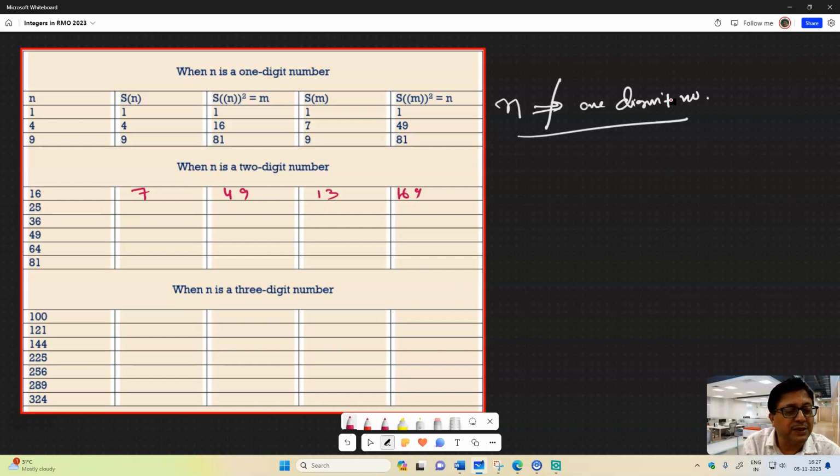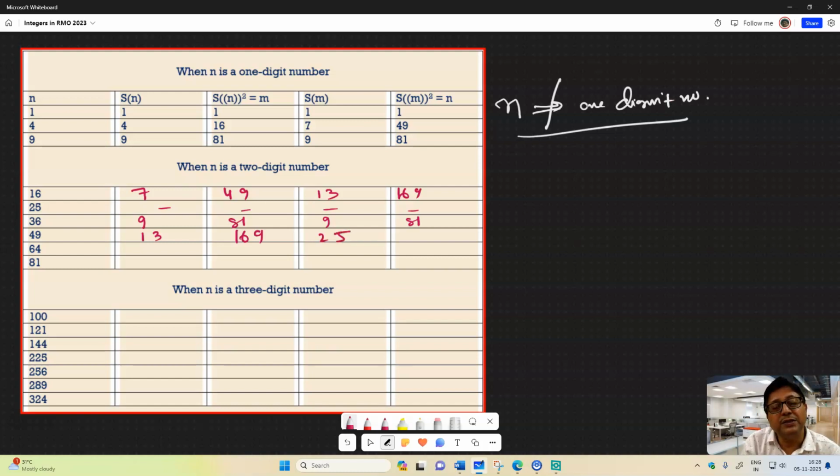If we start with 25, the sum is 7 only, same situation. Okay, there is no difference. If we start with 36, the sum of the digits is 9, and its square is 81. Then this sum is again 9 and 81. See, with 36 we are getting 81. With 49, the sum is 13, 169.